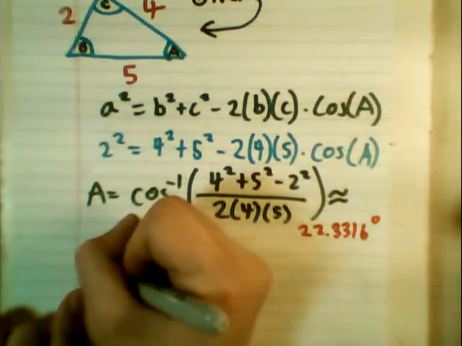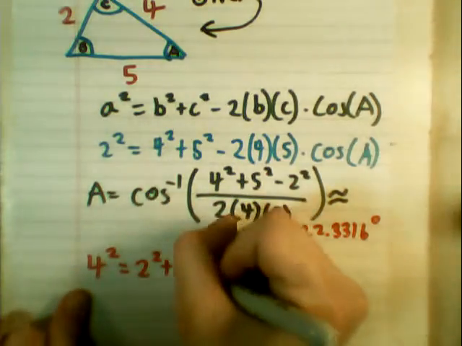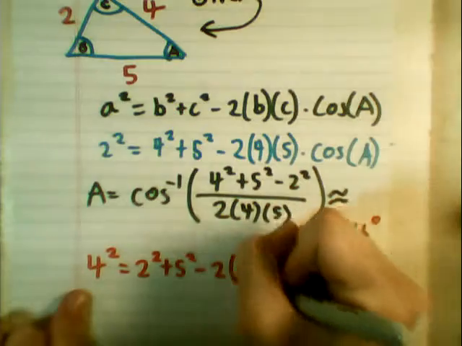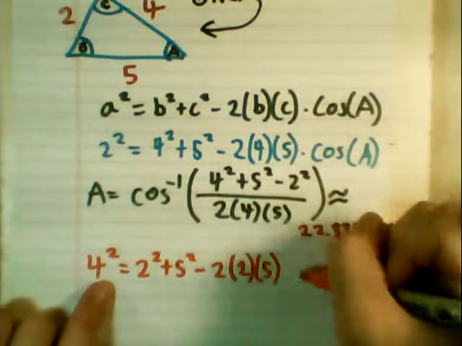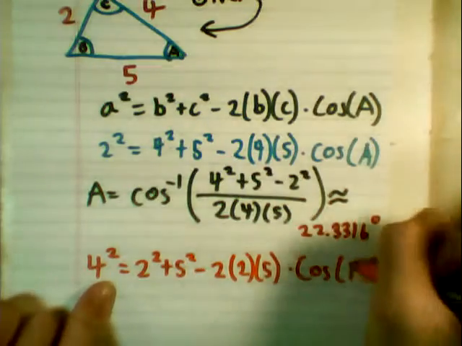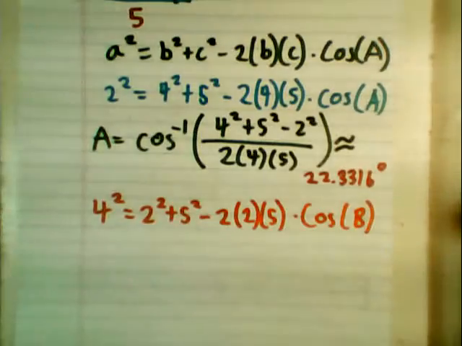The side opposite B is 4. So 4 squared equals 2 squared plus 5 squared minus 2 times 2 times 5 times cos of B. Again, I'm going to manipulate this equation because I know it really well.